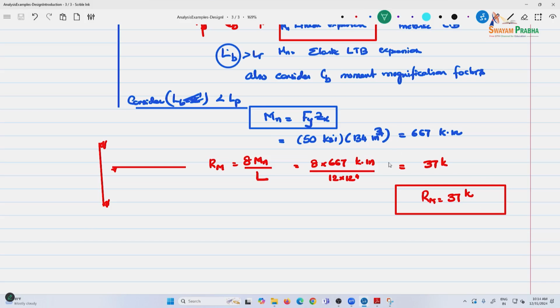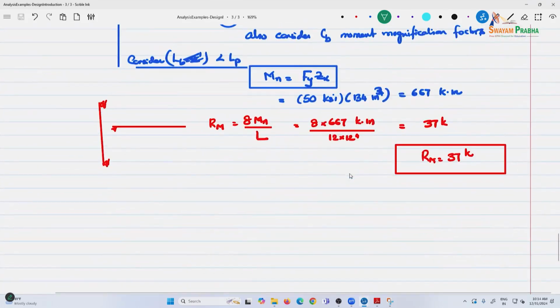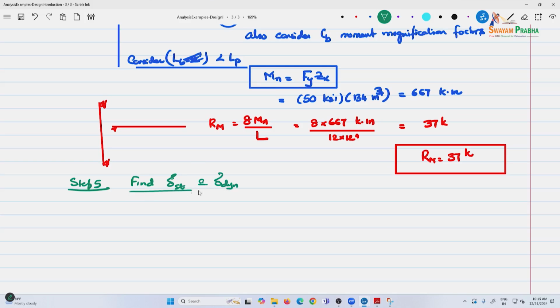So, the next step, which is 5, we calculate delta static and delta dynamic.